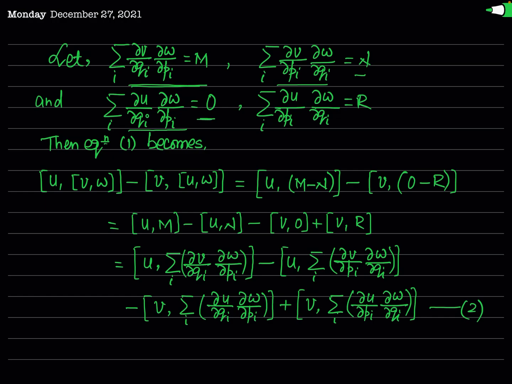And summation over i of del U by del Pi times del W by del Qi equal to R. We have assumed these for simplicity.